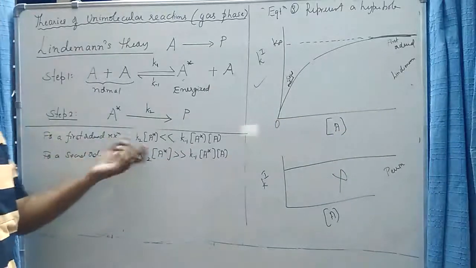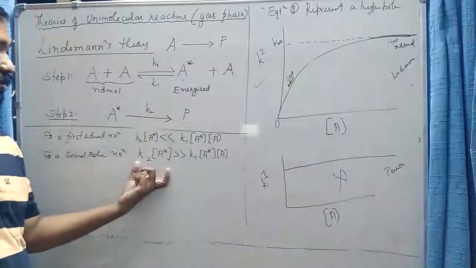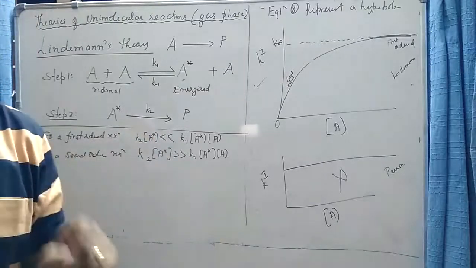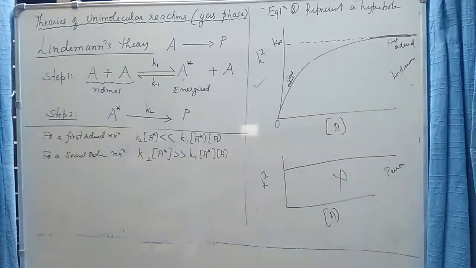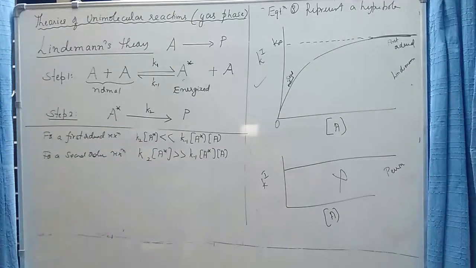For first order, this rate is much less than this rate. For second order, this rate is much greater than this rate. So there is a particular point, like a neutralization point, where these two rates become equal to each other, and that point represents the transition of the reaction from first order to second order.